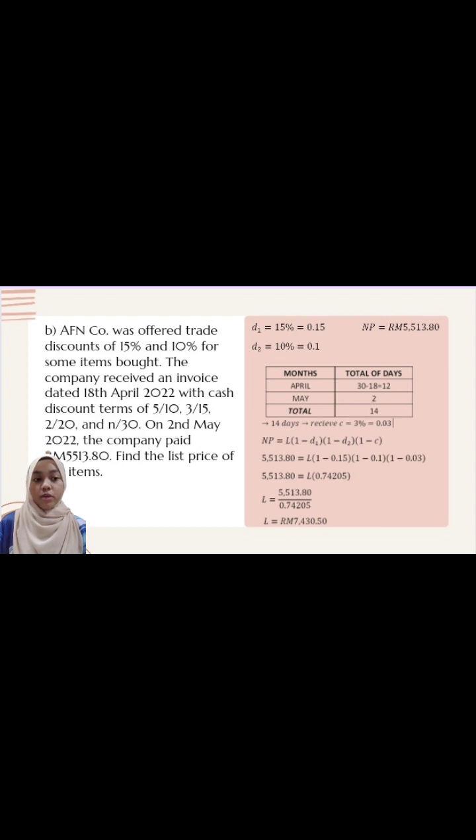We use the formula MP equals L times (1 minus D1) times (1 minus D2) times (1 minus C). MP is 5,513.80 equals L times (1 minus 0.15) times (1 minus 0.1) times (1 minus 0.03).